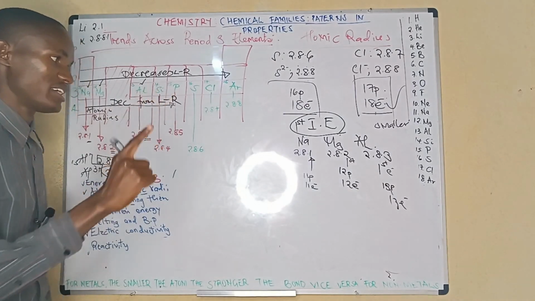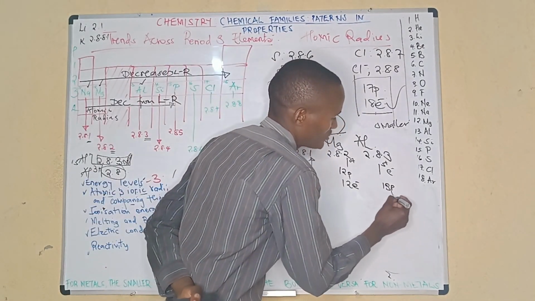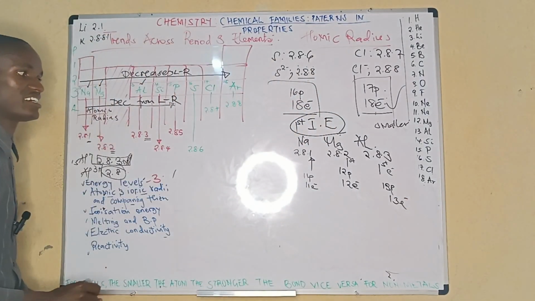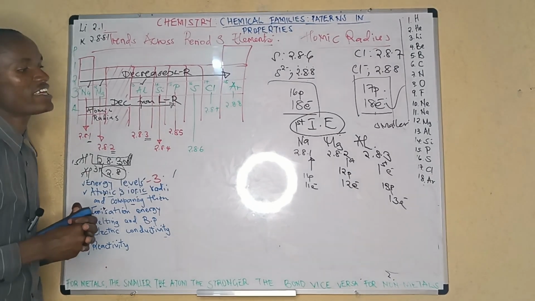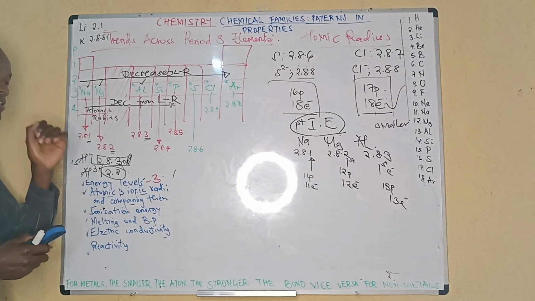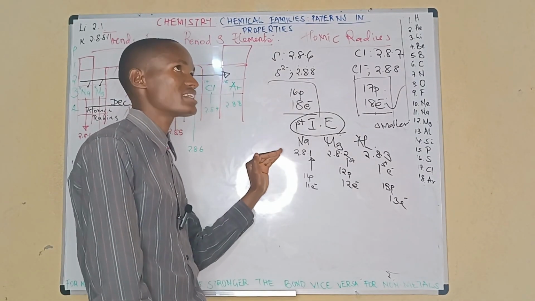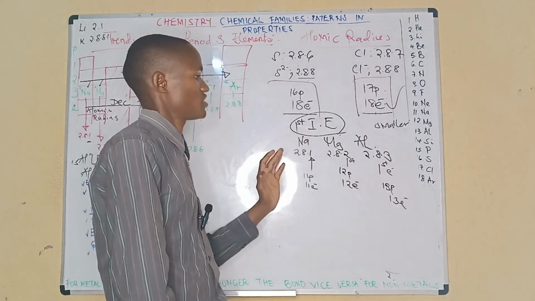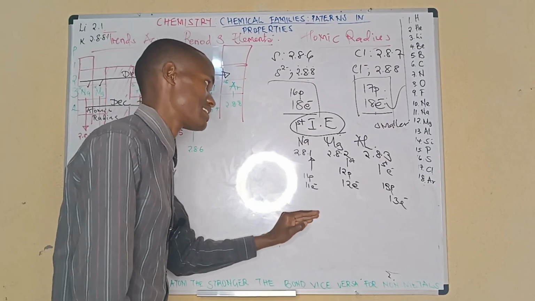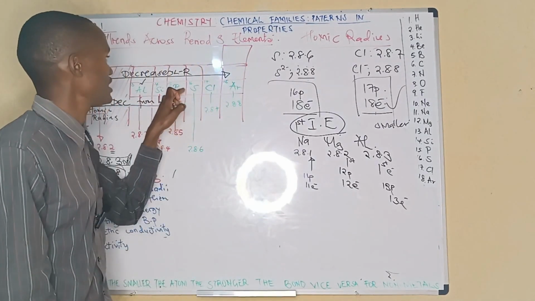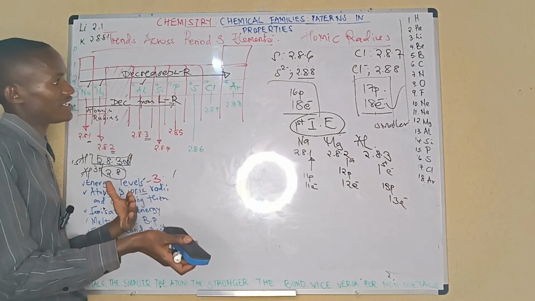The first ionization energy is to remove only one electron. We want to determine which one requires the highest or the smallest amount of energy, so that at least you can see the trend from sodium to magnesium. We said over here they use electron affinity, because they don't lose, rather they gain.